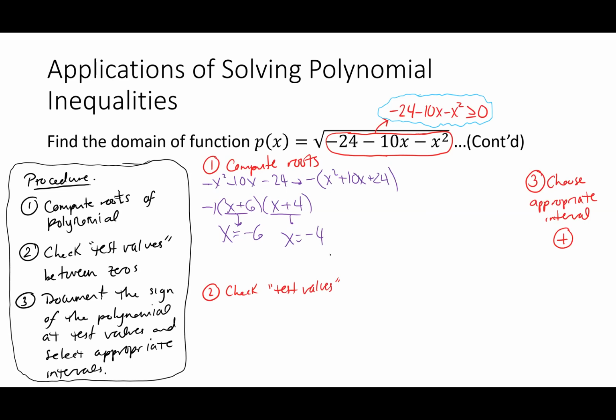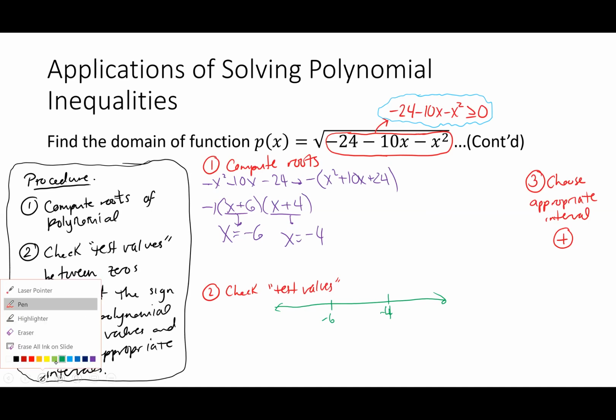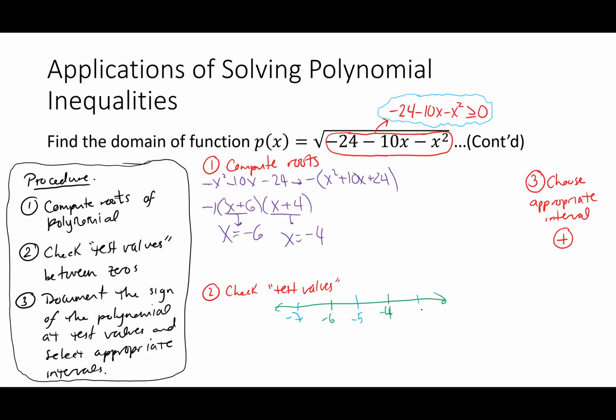All right. So now I'm going to check my test values. So what I'm going to do here is do my master interval, or my master number line. Negative 6, negative 4. And now my test values, again, the assignment of these, no magic. We'll say negative 7, we'll say -5, and we'll say 0.